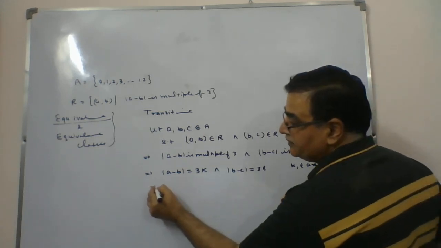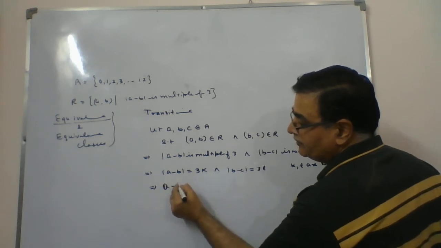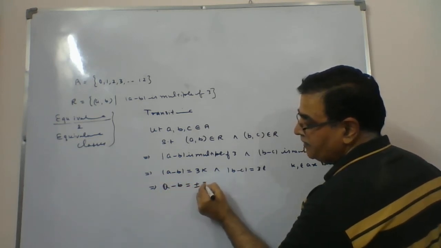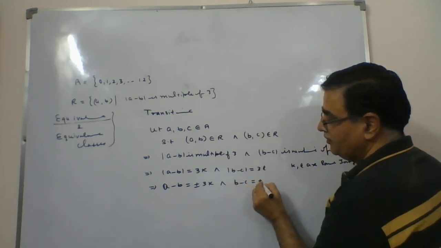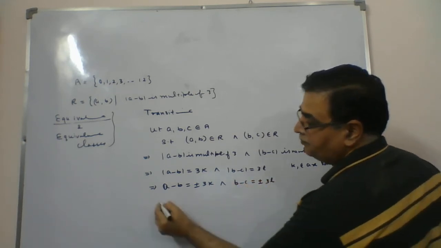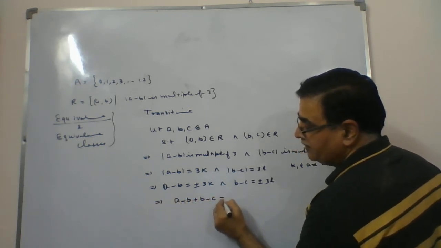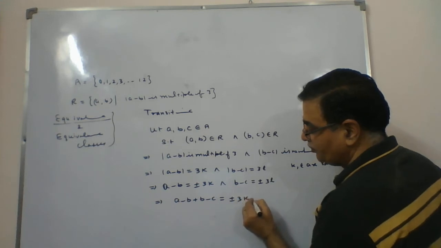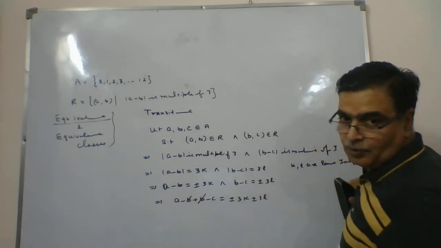Now the problem is this modulus has to be removed. That also I told you. We should write this as A minus B will be plus or minus 3K, and at the same time B minus C will be plus or minus 3L. When you solve it, A minus B plus B minus C will be plus or minus 3 times K, 3 times L. This B gets cancelled out.